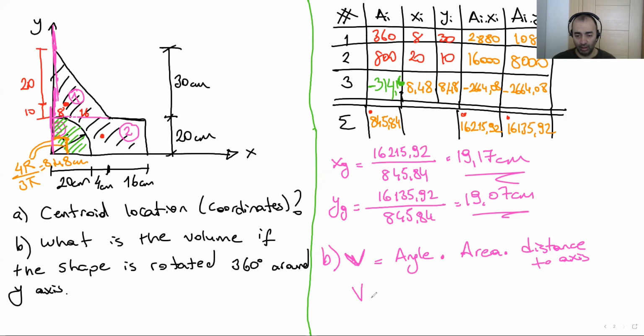The volume: the angle is 360, so it's 2π, times the area here in centimeter square, times the distance to the y-axis. The distance to the y-axis is this one. Let's say this is the G point, which is xg.